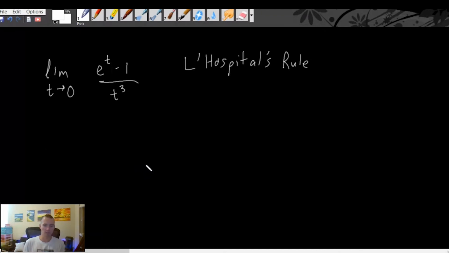There are a couple of conditions that our limit needs to meet before we can apply L'Hopital's rule, which I'll get into in a second.